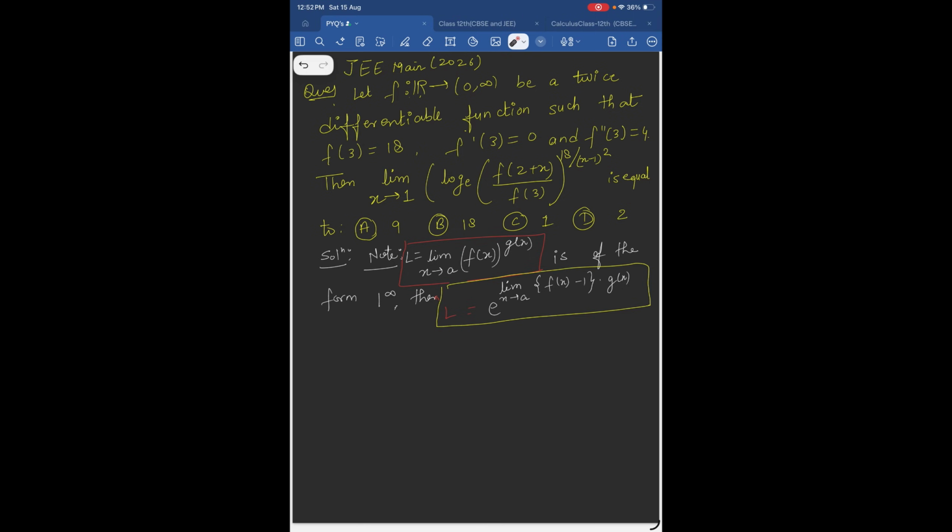This limit L is equal to e power limit x tends to a of (f(x) minus 1) into g(x). This power comes under multiplication. Got it? Let's solve.